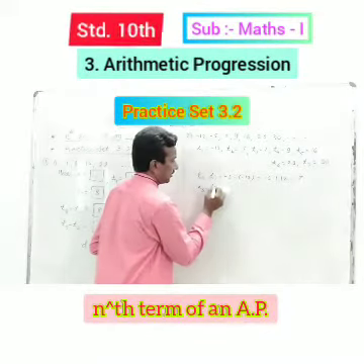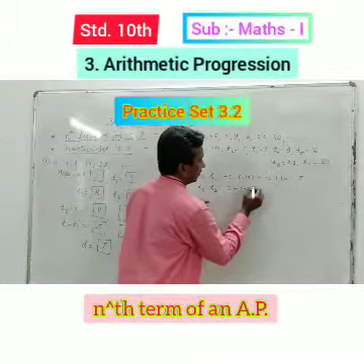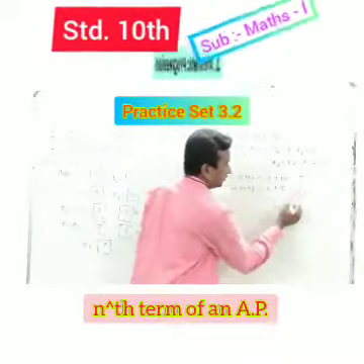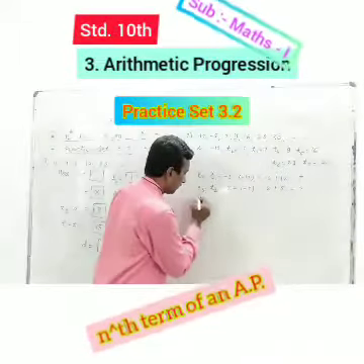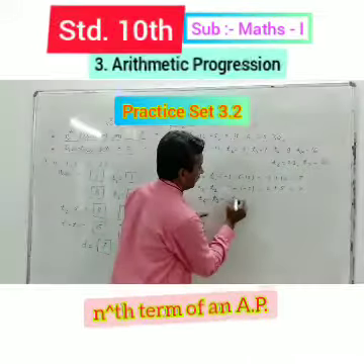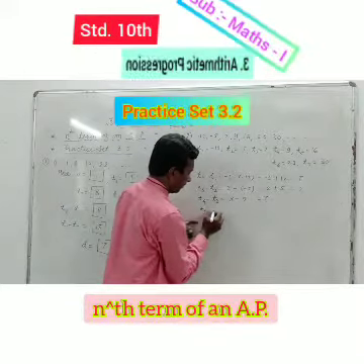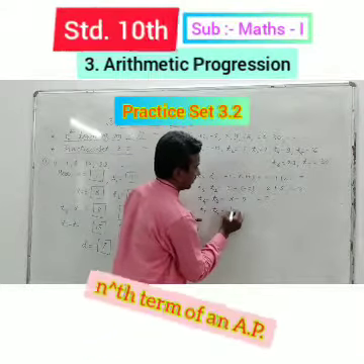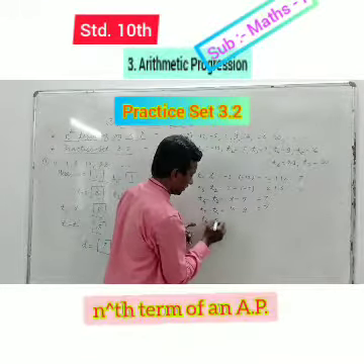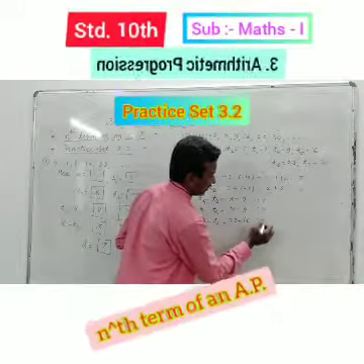Similarly, T3 minus T2 is 2 minus minus 5. Minus minus becomes plus, 2 plus 5 is 7. Now T4 minus T3 is 9 minus 2, it is 7. T5 minus T4 is 16 minus 9, also 7. T6 minus T5 is 23 minus 16, also 7.